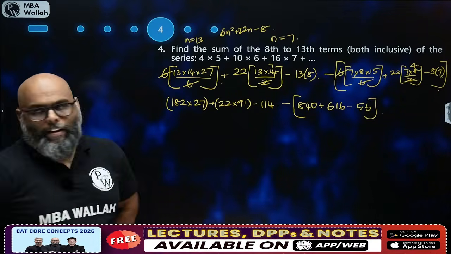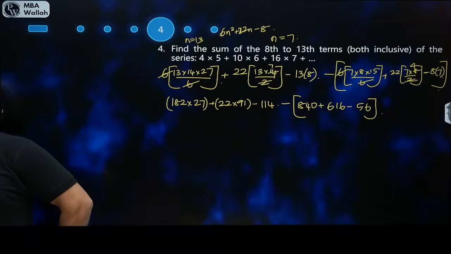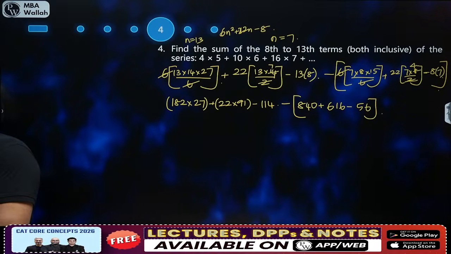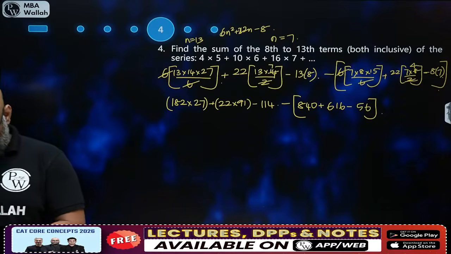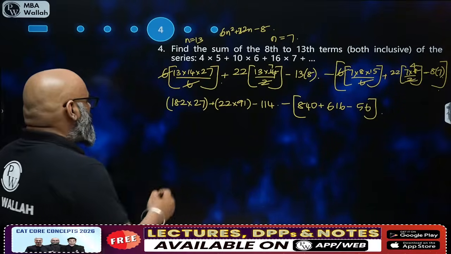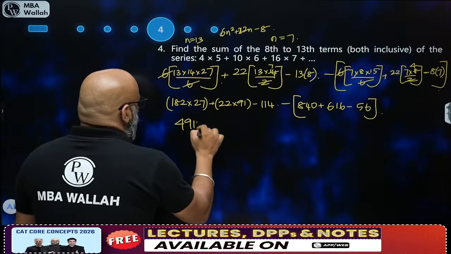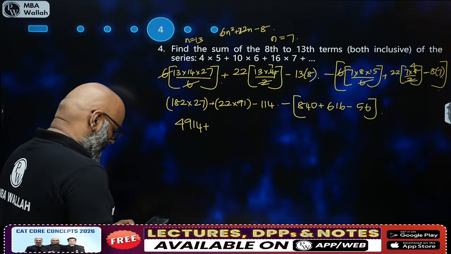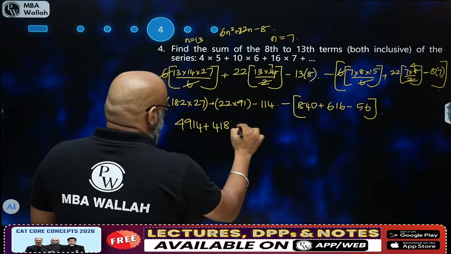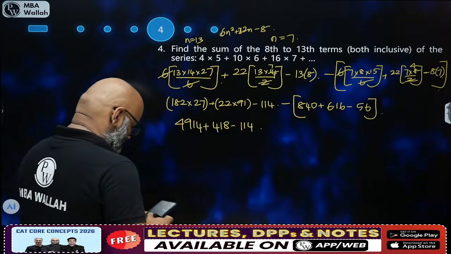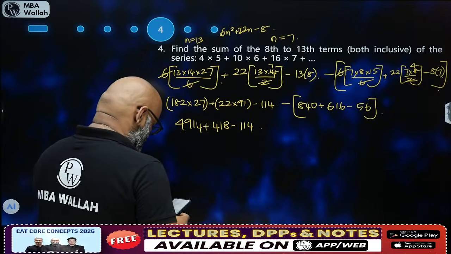182 into 27. What is 182 into 27? Let me quickly check that. 182 into 27 is 4914 plus 22 into 19 is 418 minus 114.